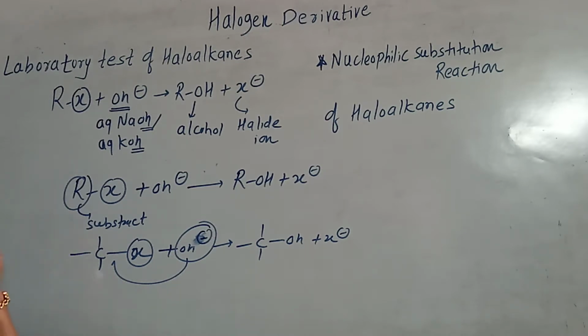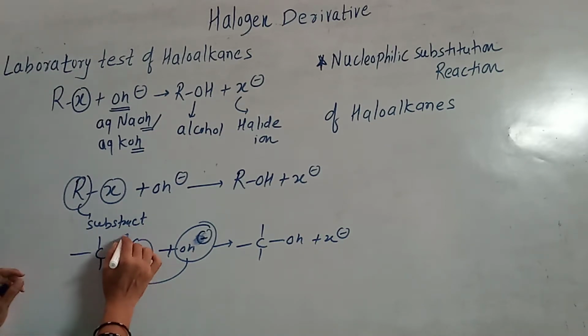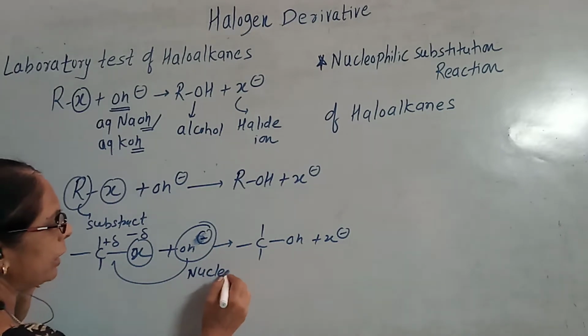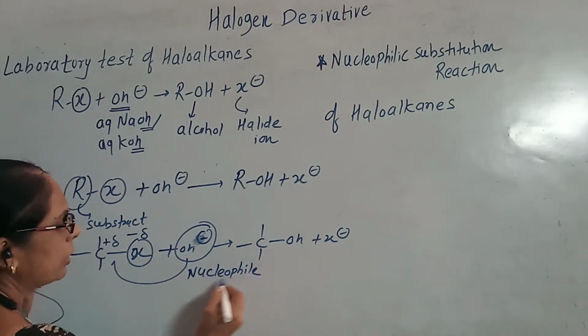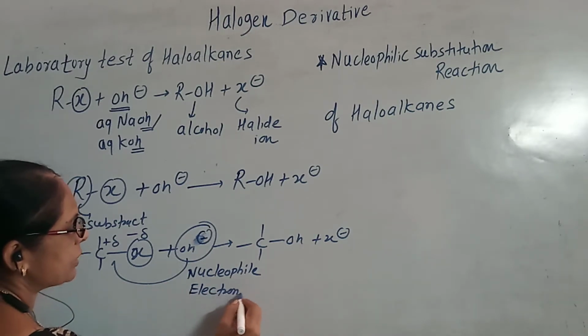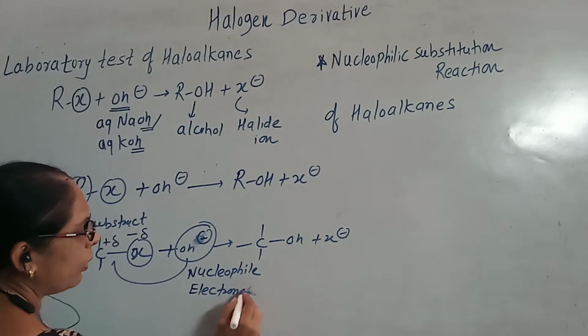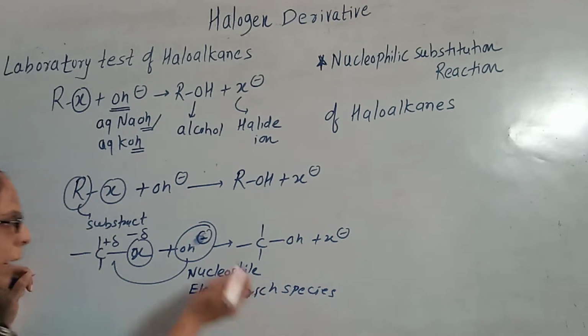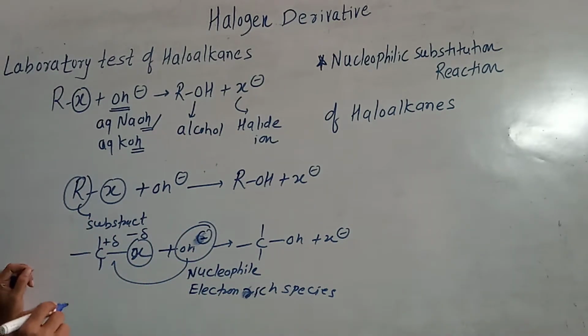This is a nucleophilic substitution reaction. Why? Because the halogen is electronegative and the carbon is electropositive. Now, what is a nucleophile? A nucleophile is an electron rich species. As it is electron rich, it has a tendency to attack an electron deficient center.